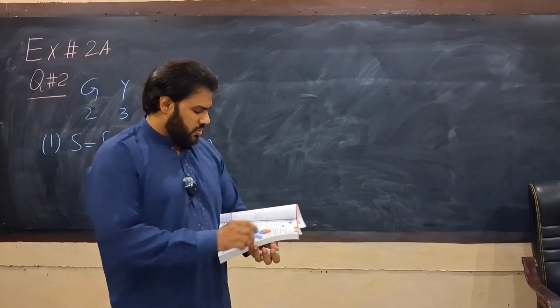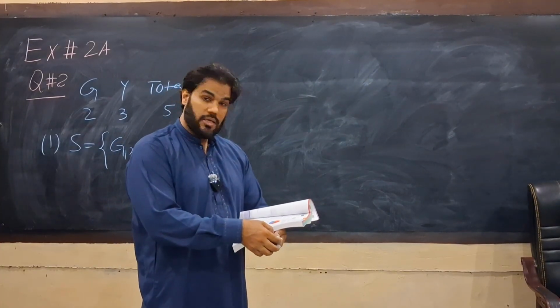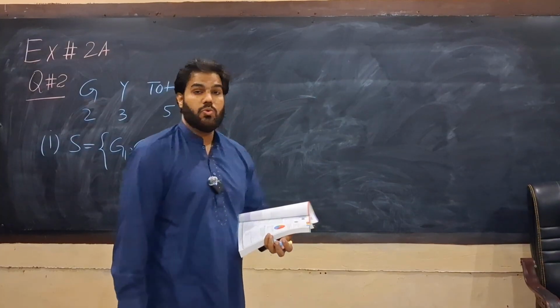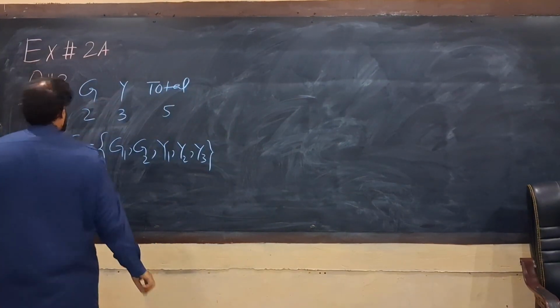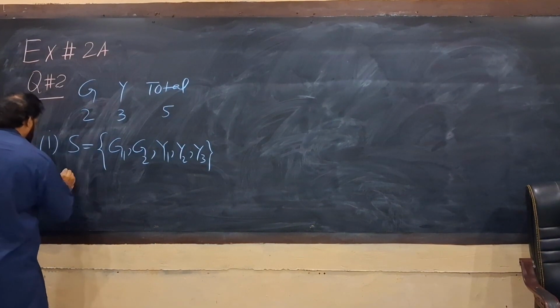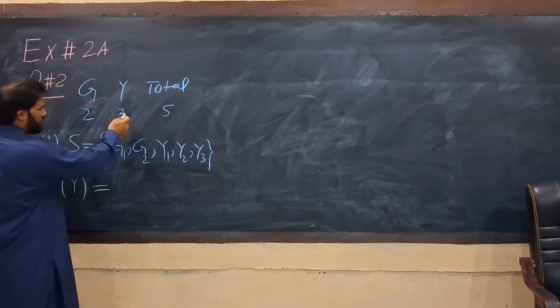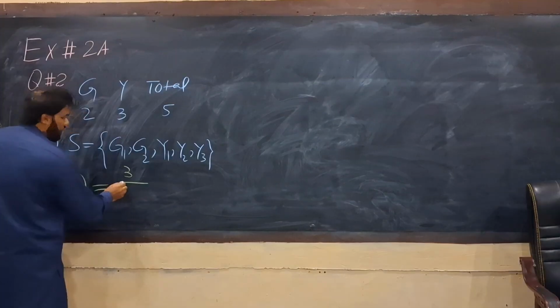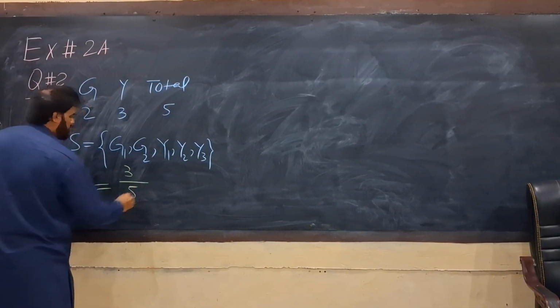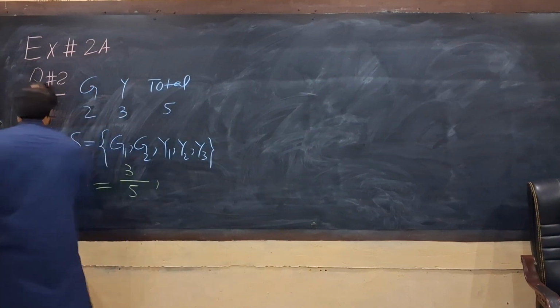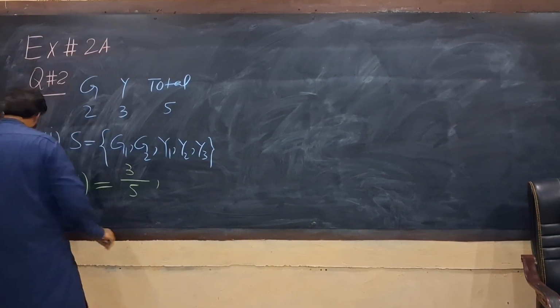Second part: by using set notation for the respective events, find the probability that the marble is yellow. Now we have to find the probability of a yellow marble. You can notice that there are 3 yellow marbles out of 5. So the probability of a yellow marble is 3 by 5.